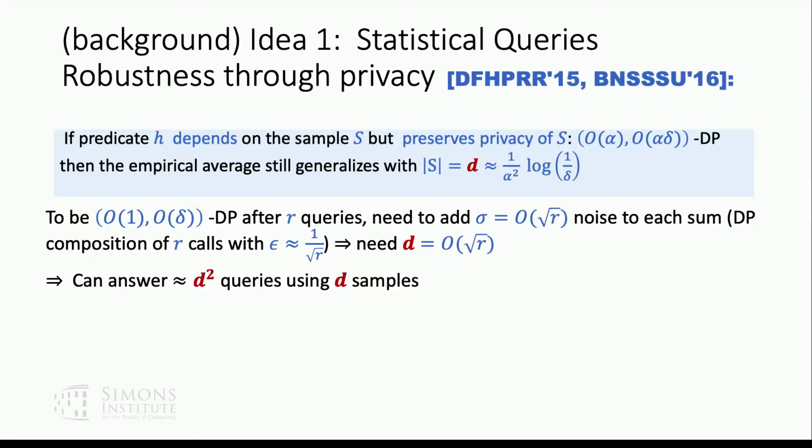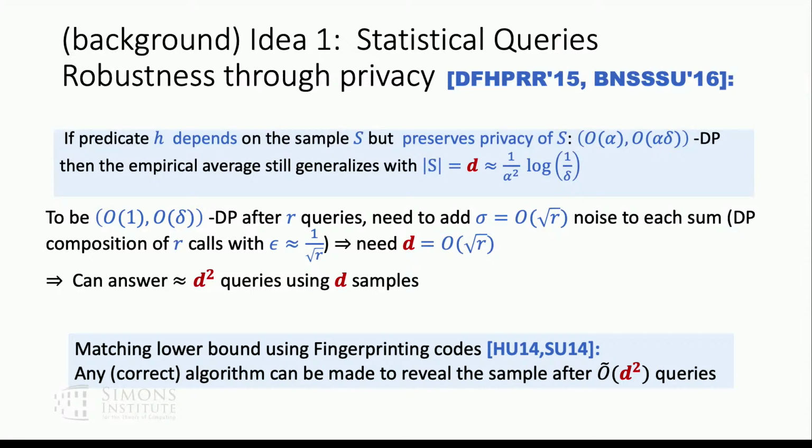So that means that we can answer D-square queries using D samples, and I'm hiding here all sorts of factors. So this is statistical queries. And then there is actually a matching lower bound.